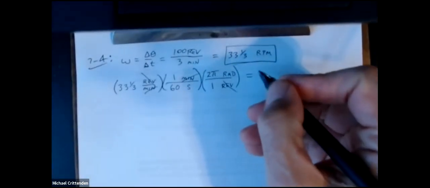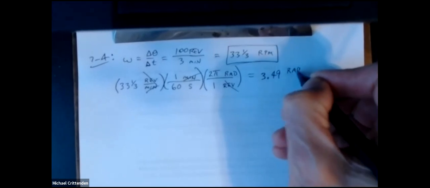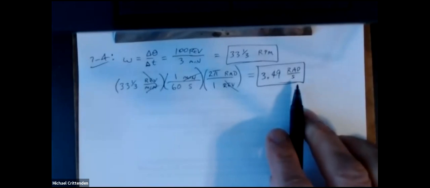Once you get that figured out, get out the calculator, punch it through, and that comes out 3.49 radians per second. The number of radians per second equivalent to 33 1/3 RPMs.